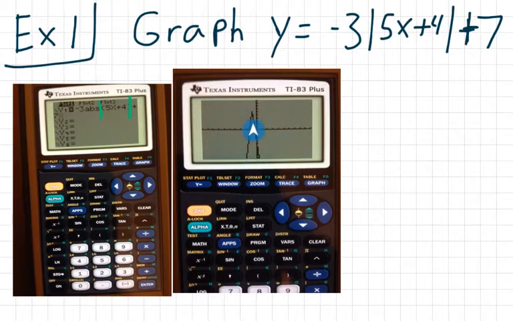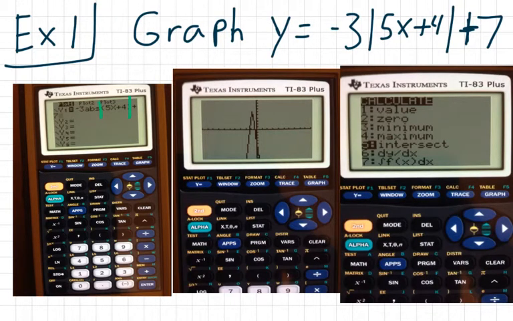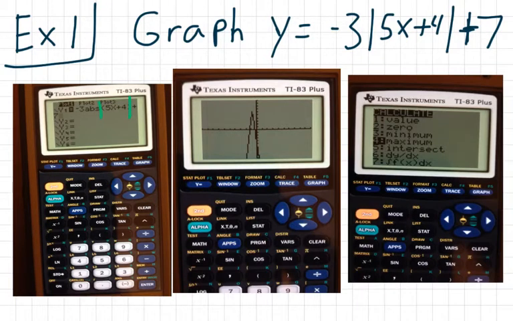So how do I find the exact vertex? Here's what I do. Press the second button, trace, so it's basically second calculate, and then you'll get this screen right here. It is not the 5th option, it is actually the 4th option, which is right here, maximum.